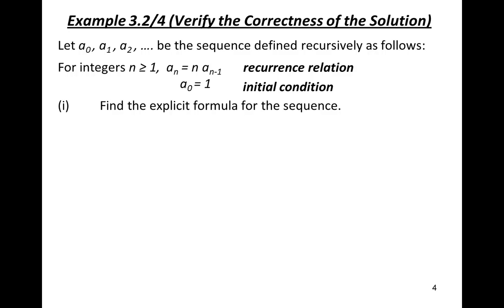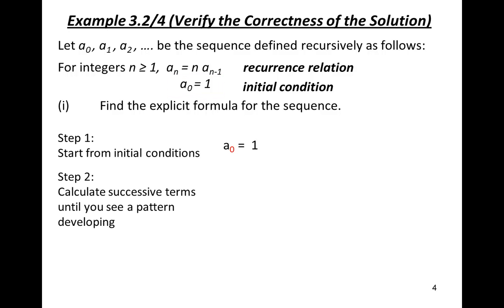To use iteration to guess an explicit formula for the sequence, let's do step 1. Start from the initial conditions. It is given as a0 equal 1, so copy that down. Next, step 2. Calculate successive terms until you see a pattern developing.